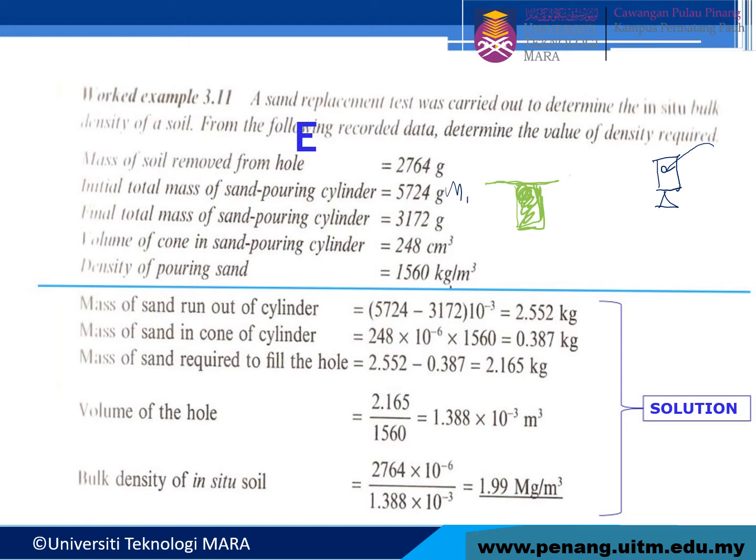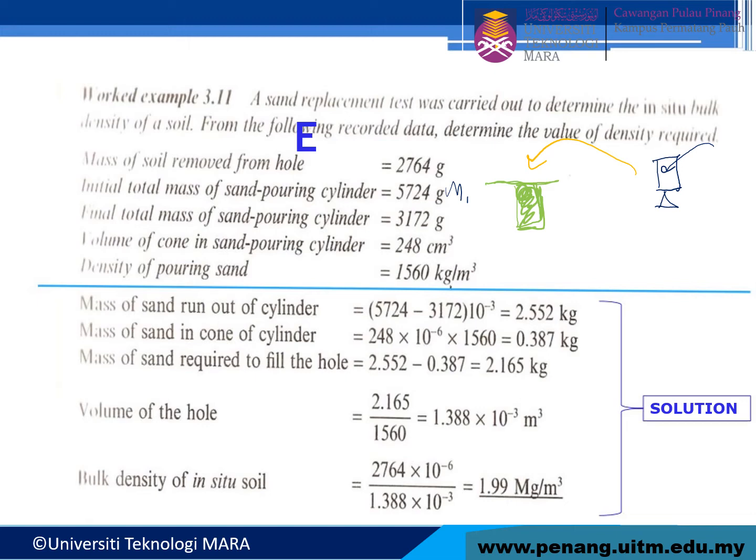And the final total mass of the sand pouring cylinder. What you do is place this sand pouring cylinder at the top of the hole where the soil was removed. You place that, open the valve, and then close the valve after the sand stops filling the hole.